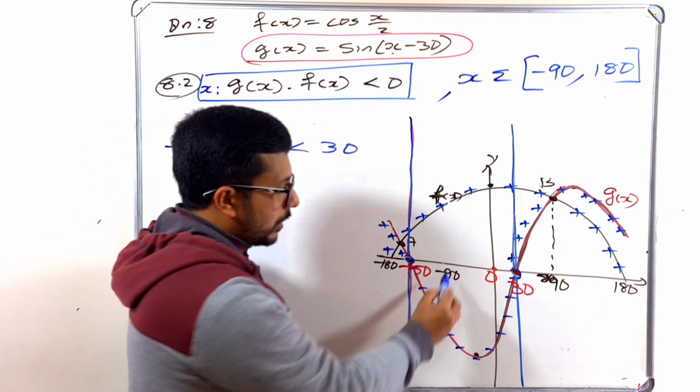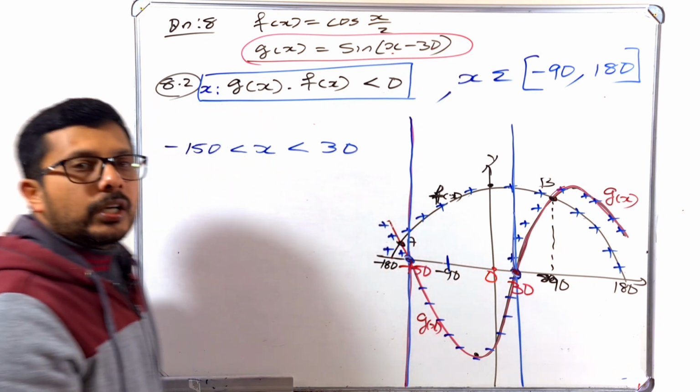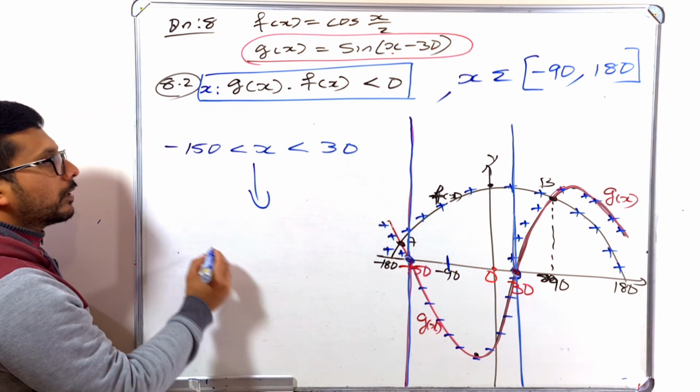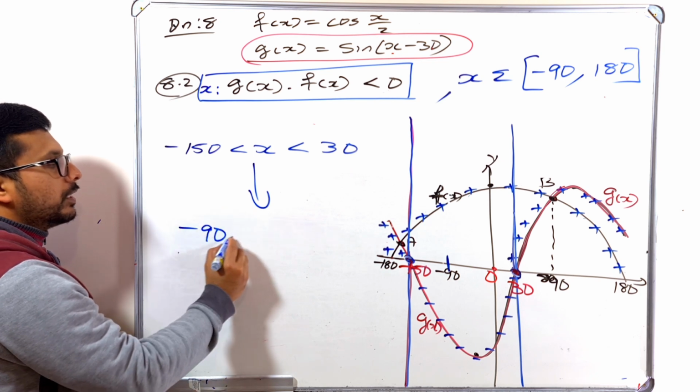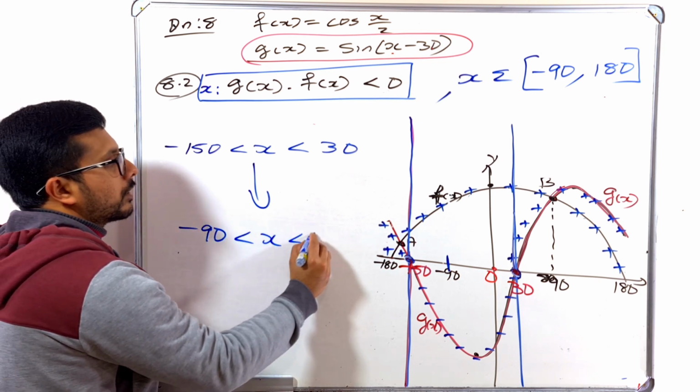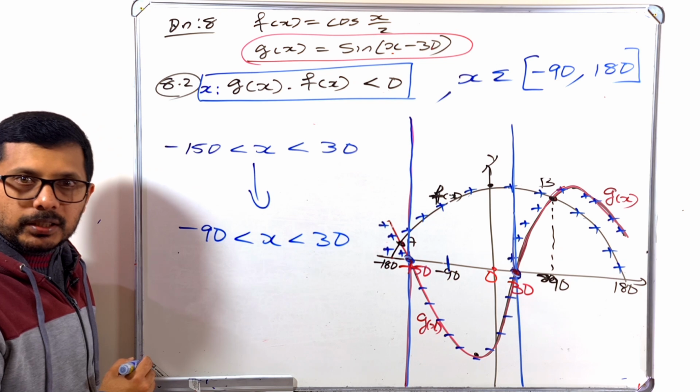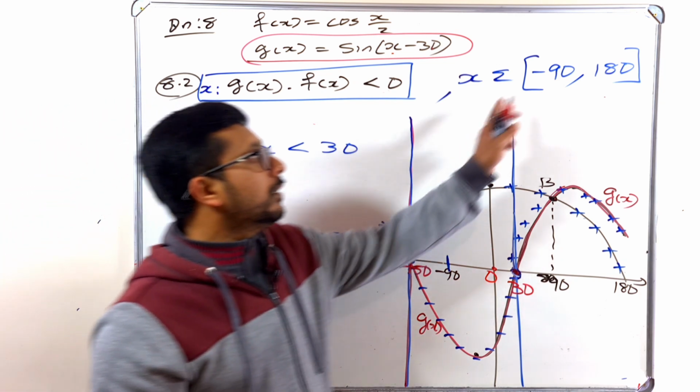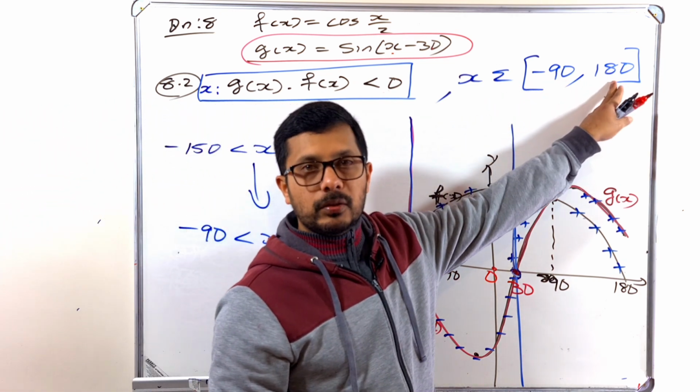This is minus 90. So what do you write as the final answer? Between minus 90 less than x less than positive 30, because our domain is minus 90 to 180.